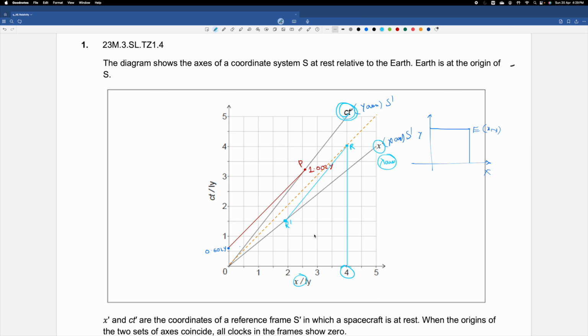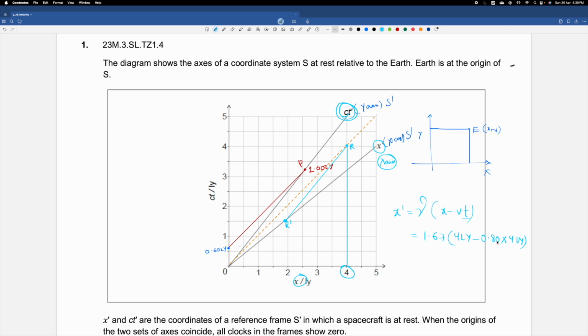Or maybe you can also use a Lorentz transformation to locate this coordinate. So what is the Lorentz transformation equation? x prime equals gamma times (x minus vt). The value of gamma, which was calculated previously, is 1.67, and x is 4 light years, minus the speed with which the spacecraft is moving, 0.80 c, times the value of t.